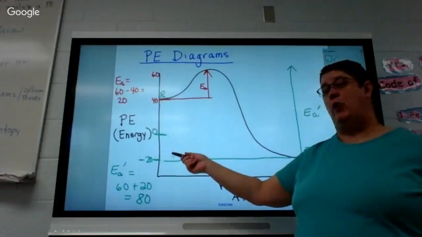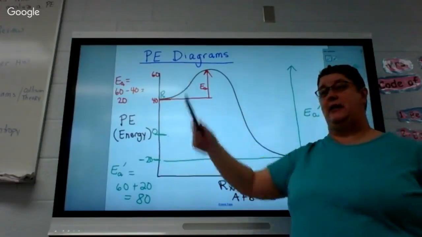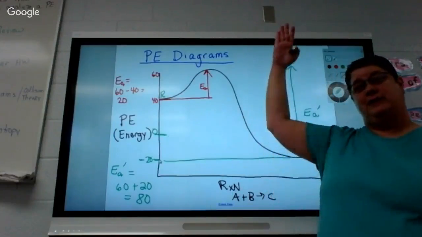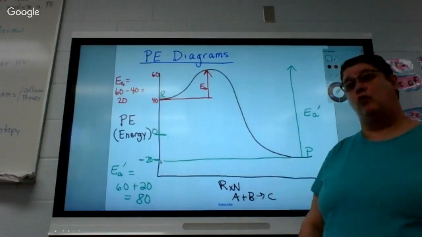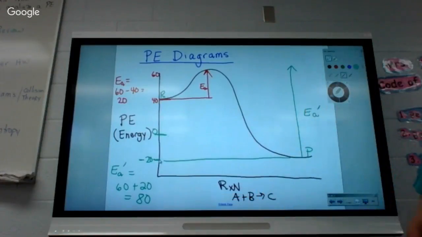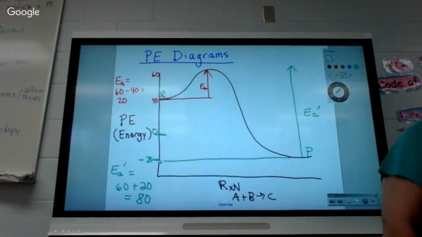So from negative 20 all the way to 60, how many actual numbers are we crossing from negative 20 to 60? We're crossing 80. That's why the number is 80 for EA reverse. Does that make sense? Okay. Everybody with me? All right.